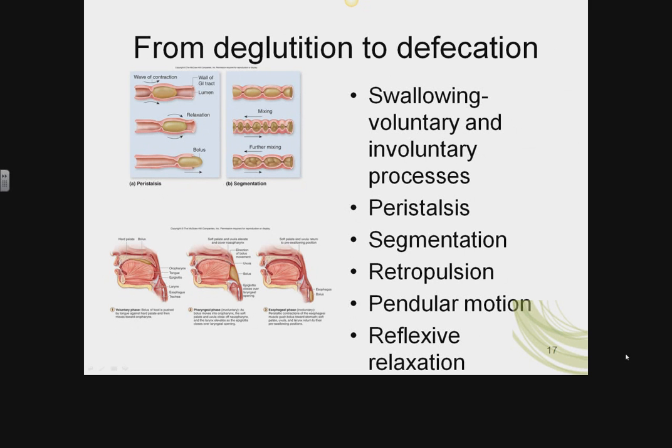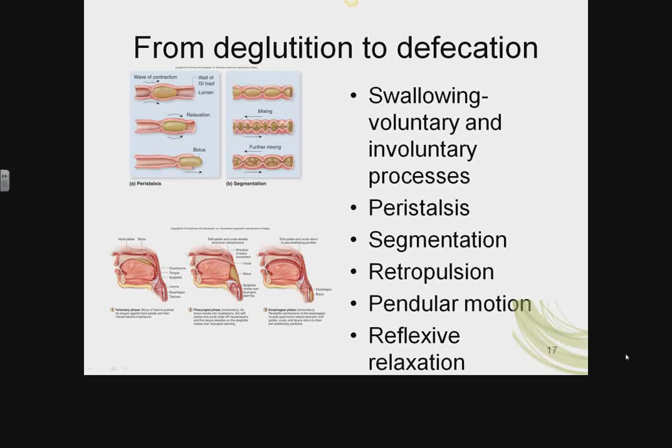And your book talks about the voluntary phase, where you're putting the bolus of food back on the posterior aspect of your tongue, and you push it posteriorly, and then you actually swallow. And then when the appearance of the bolus goes into the oropharynx, that's the beginning of the pharyngeal phase. And then eventually towards the bottom third of your esophagus, this action of pushing the bolus forward becomes involuntary.